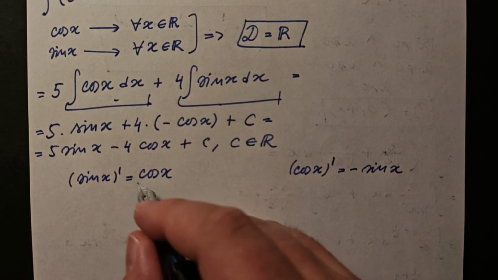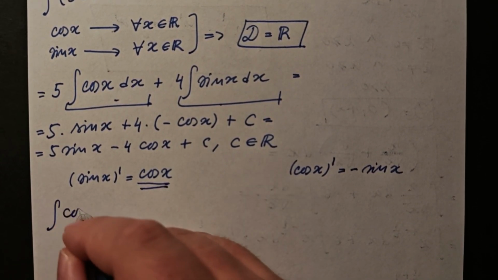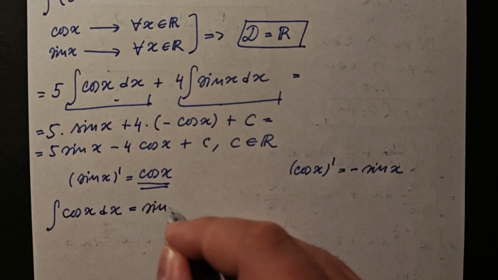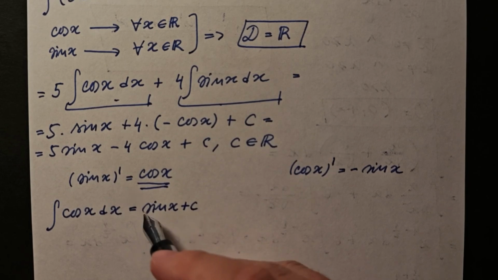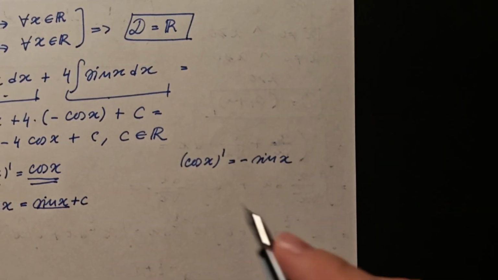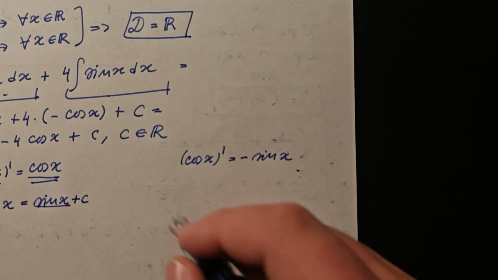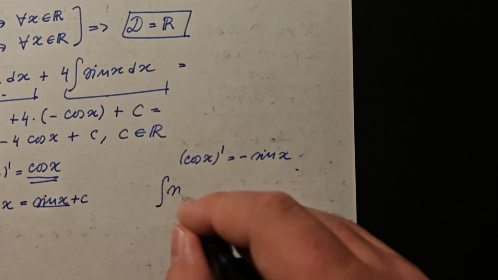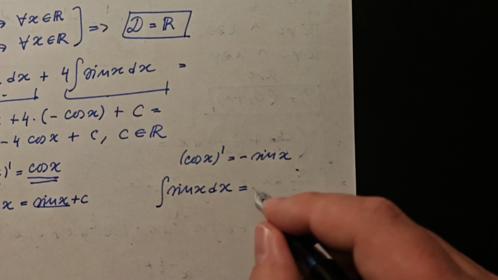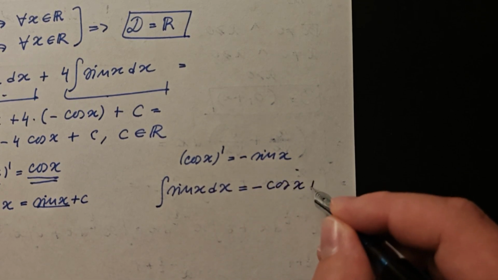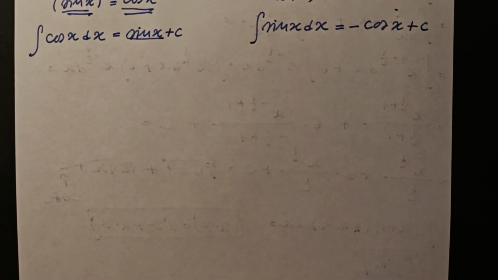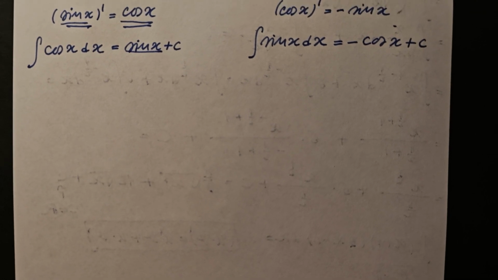Then if you take the integral of cosine x dx, you will get sine of x plus c. Sine is this sine right here. And let's see what happens with this one. If you take the integral of sine x dx, that will give you just negative cosine of x plus c. The question is, why does this happen with a minus sign?